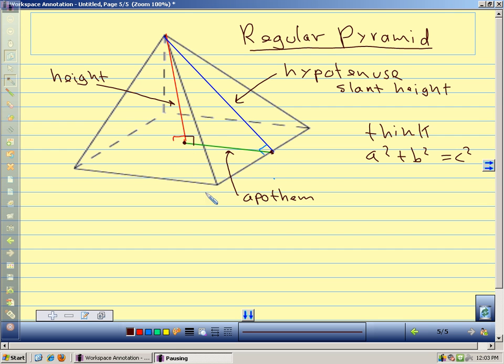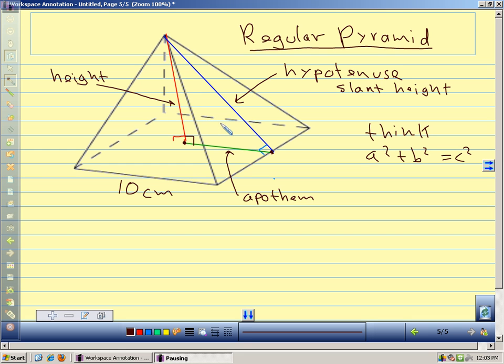So for example, if this were a regular square pyramid, and we knew the side length, say, was 10 centimeters, how long would the apothem be? 5. It's half. So if we have a nice square, we know that this apothem is half the total width of the square. If we had a regular hexagon, and we knew the apothem, we would be able to figure out the other parts using that right triangle.